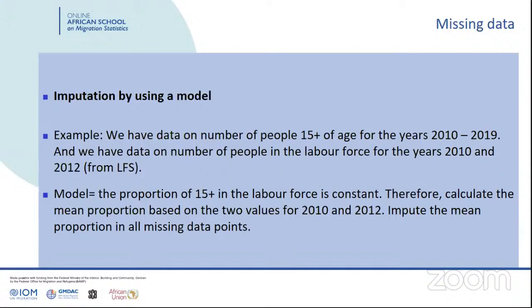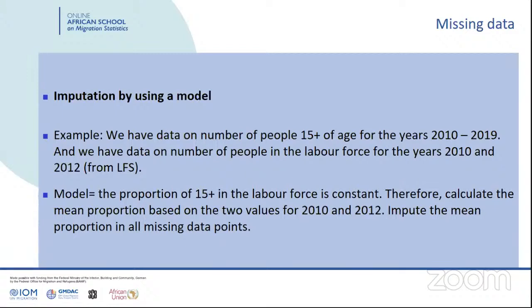Well, the model in this case would be that the proportion of 15 plus people that are in the labor force is constant. So there is a constant proportion in the labor force among the 15 plus. So basically this is a labor force participation rate.